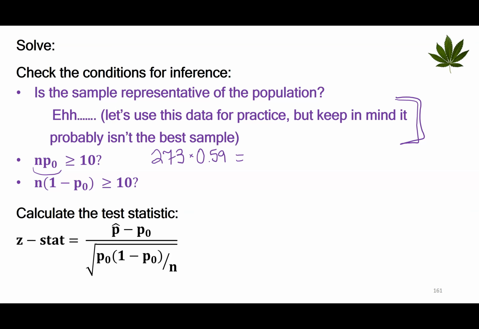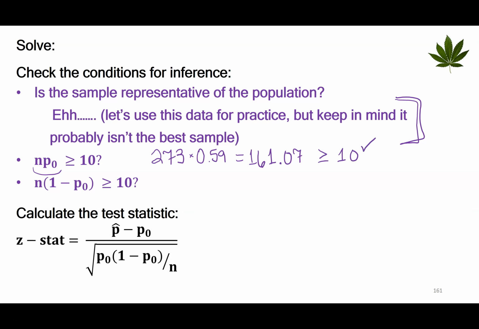So 273 times 0.59, I get 161.07. So on average, if I were to repeatedly take samples of 273 and 59% of them supported legalization, I'd expect around 161. So yeah, that's at least 10 for sure.